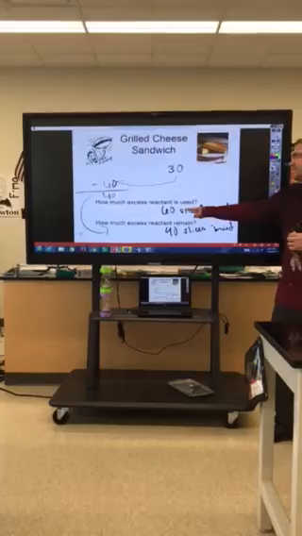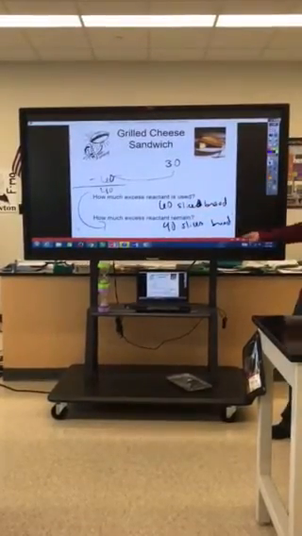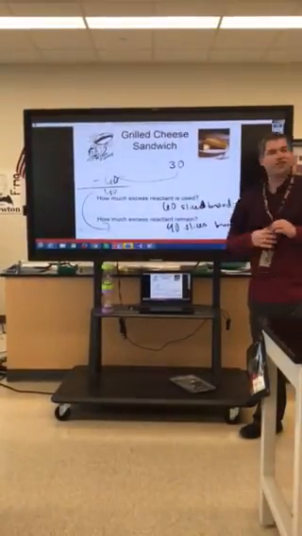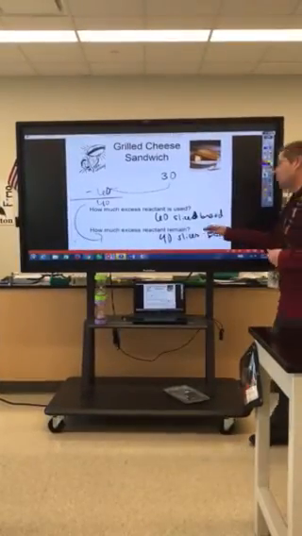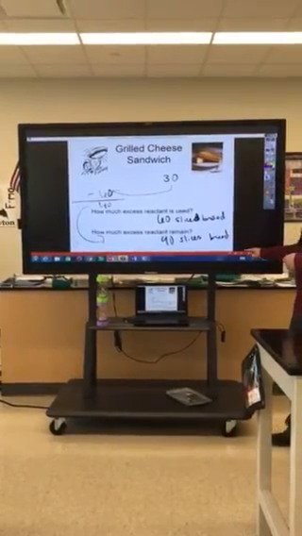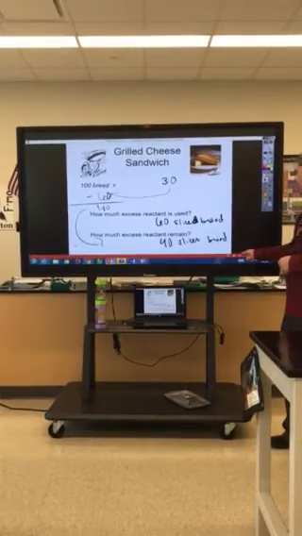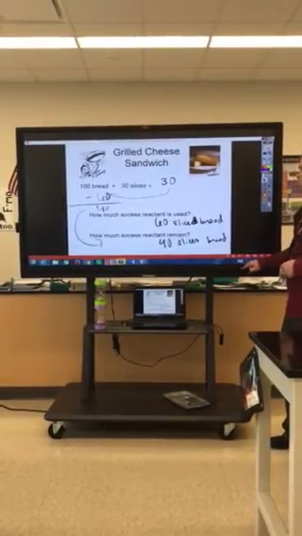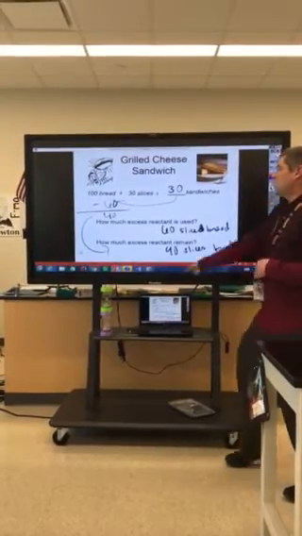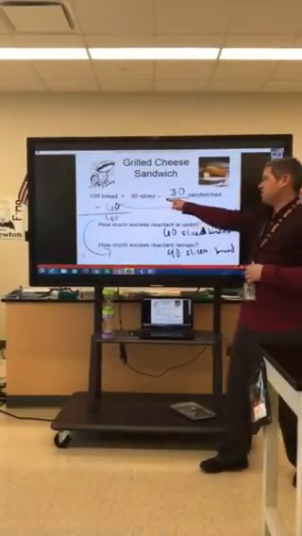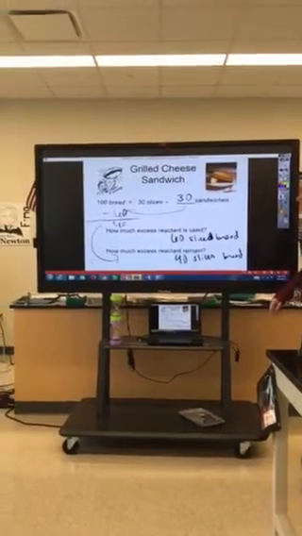So we use 60 slices of bread. How much excess reagent remains? How much is wasted in this reaction? 40 slices of bread. 100 pieces of bread plus 30 slices equals 30 sandwiches.